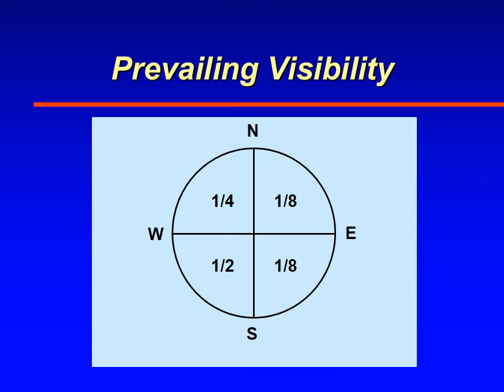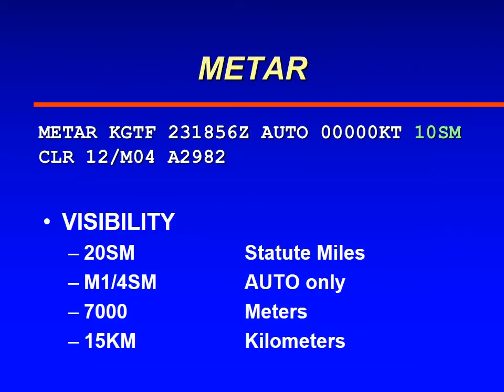The next greatest distance would be 1/4, and you can see at least 1/4 to the northwest, and at least 1/4 to the southwest. You can see 1/2, but if you can see 1/2, you can see 1/4. So your prevailing visibility would be considered 1/4 of a statute mile.